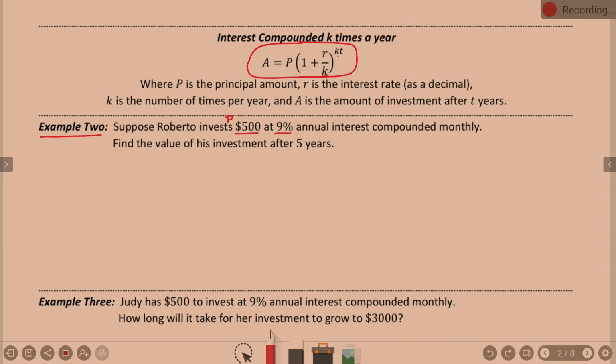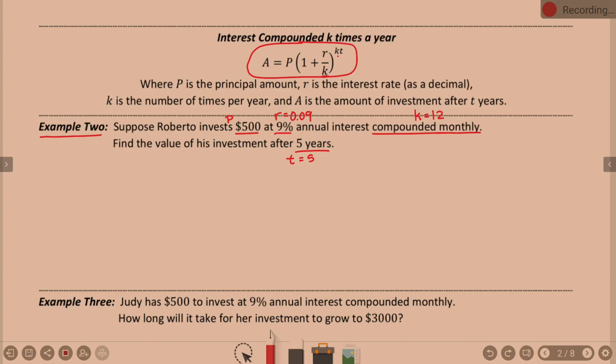When we put that in the formula, remember percents to decimal, you move the decimal 2 places. What else do we know? T is 5, 5 years. K would be 12. Most importantly, interest compounded monthly, so K is 12.